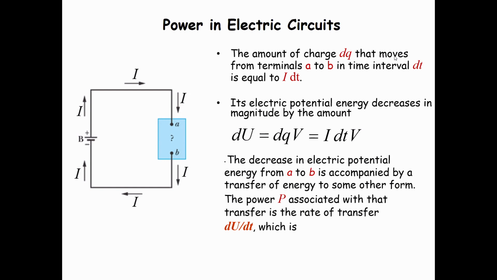You're doing work and something's changing potential. Basically what I've done in this equation is divide both sides by the time interval dt. And so we're left with the power equal to dU/dt, which is equal to IV, or VI. There are multiple ways of writing this.